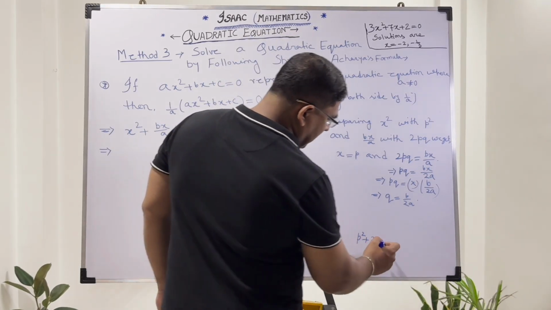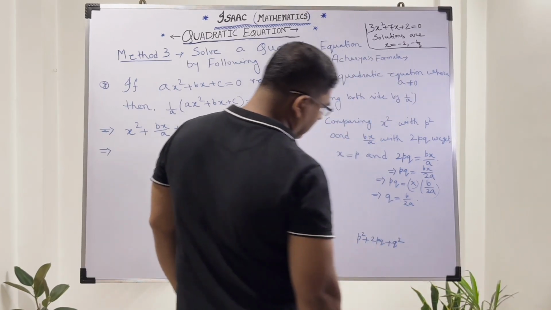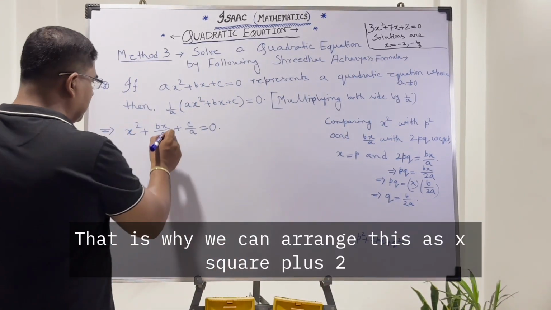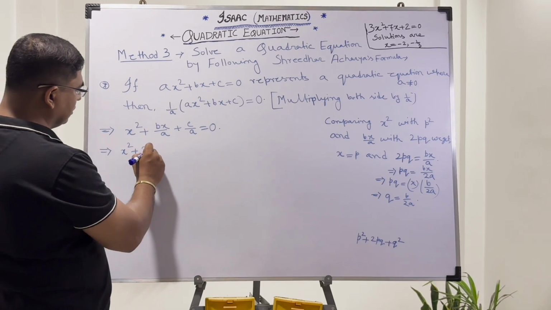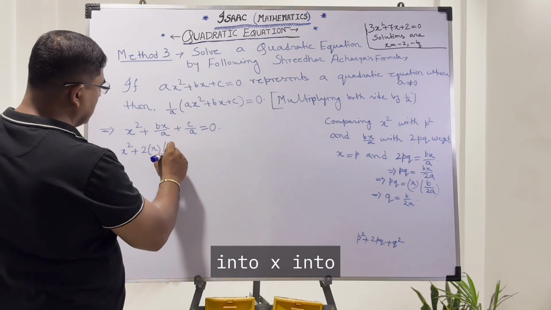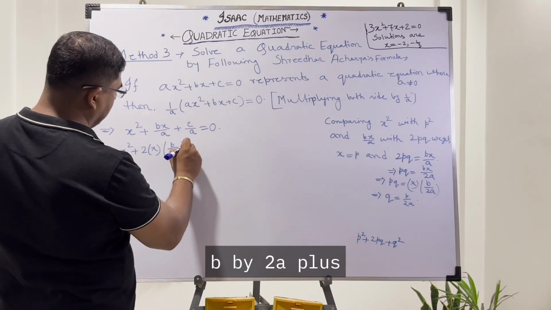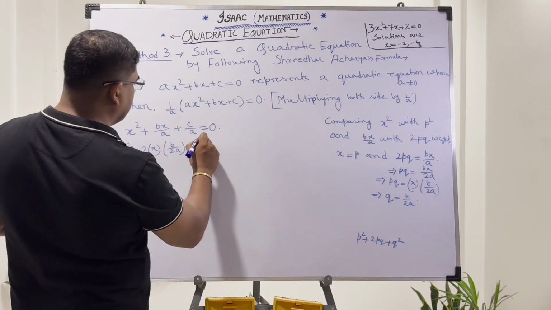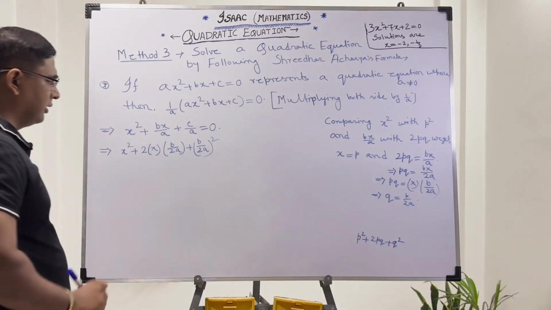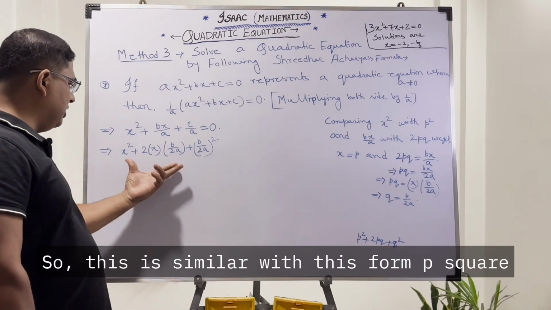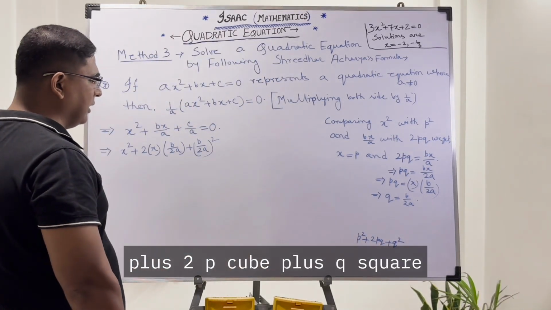Then to complete this formula, we have to write here q squared. That is why we can arrange this as x squared plus 2 into x into b/2a plus (b/2a) whole squared. So this is similar to the form p squared plus 2pq plus q squared.